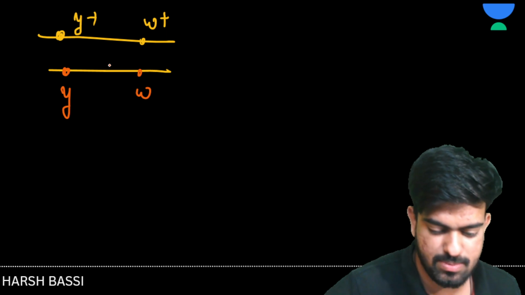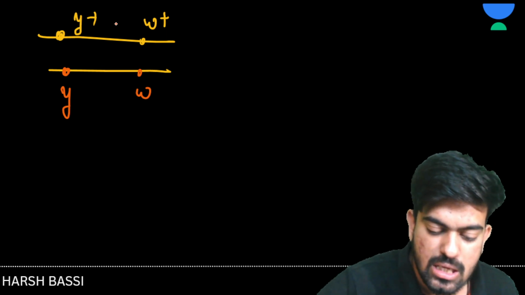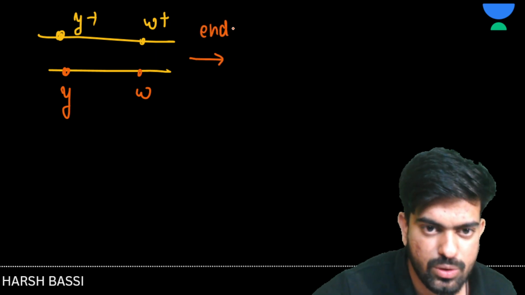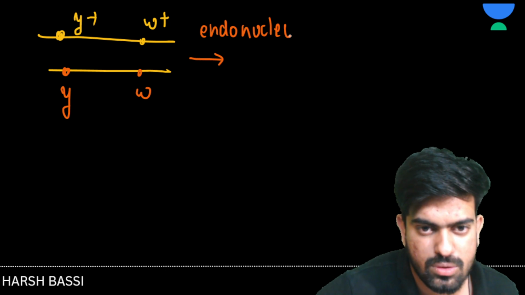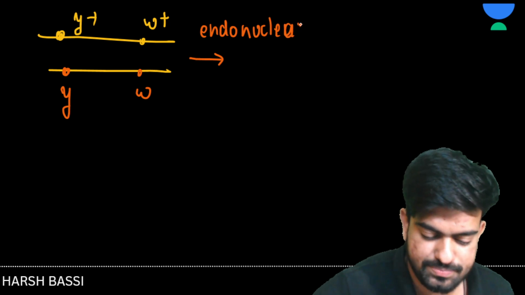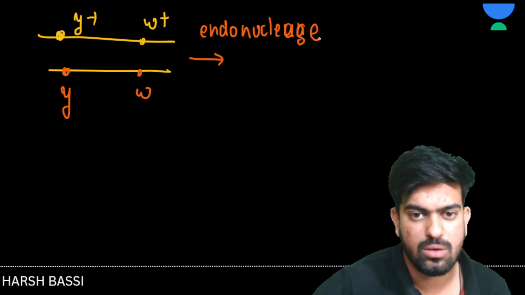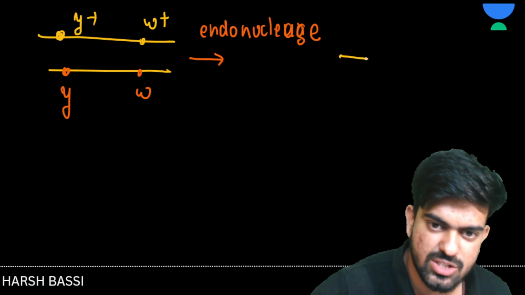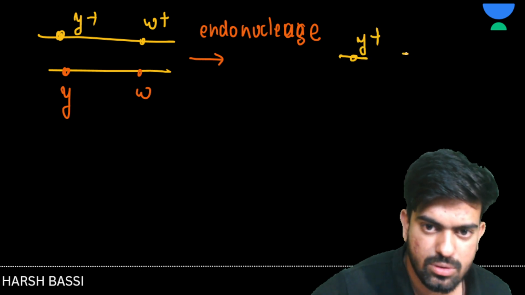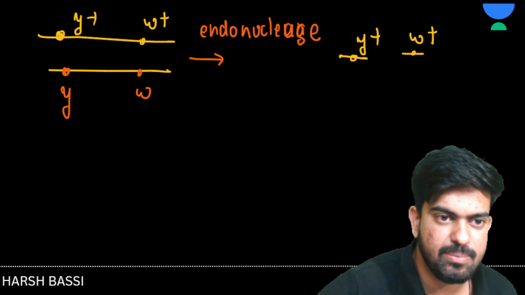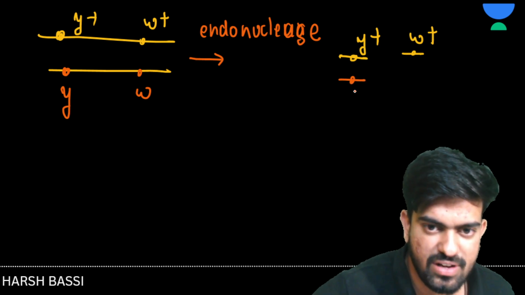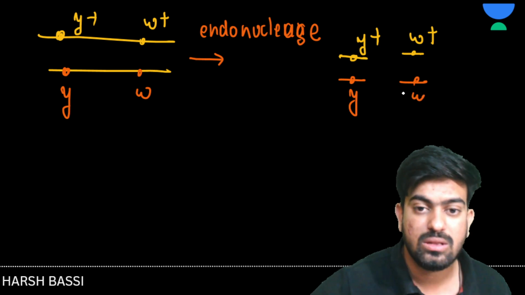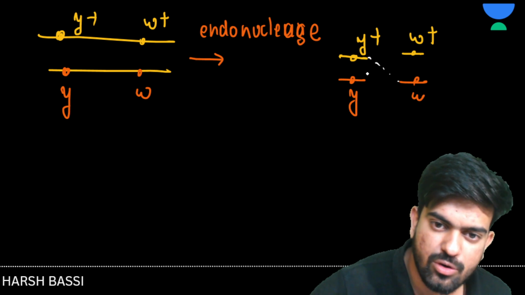So crossing over takes place. That means here there will be the enzyme endonuclease first of all. This endonuclease will cut this chromosome like this, the genes like this, Y plus W plus, and then we will be having Y and W. Okay, and now they are cross-linked, the crossing over is happening.